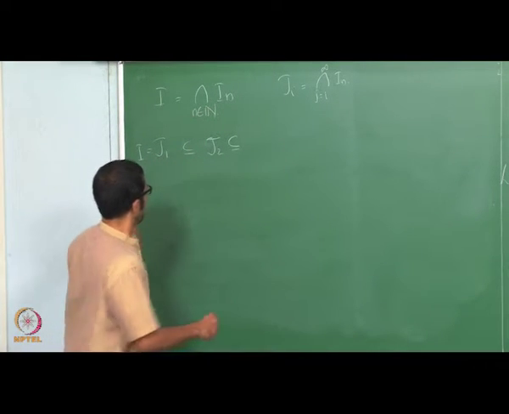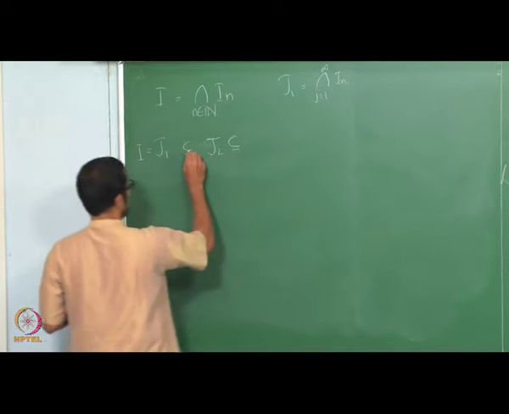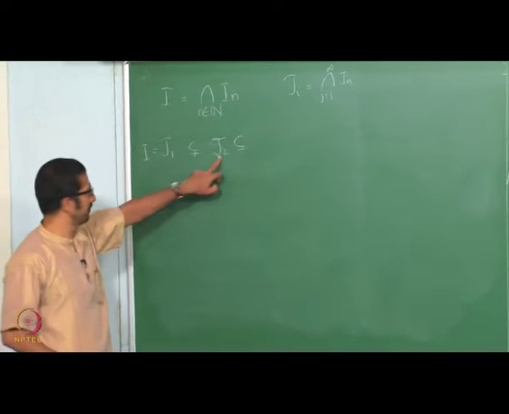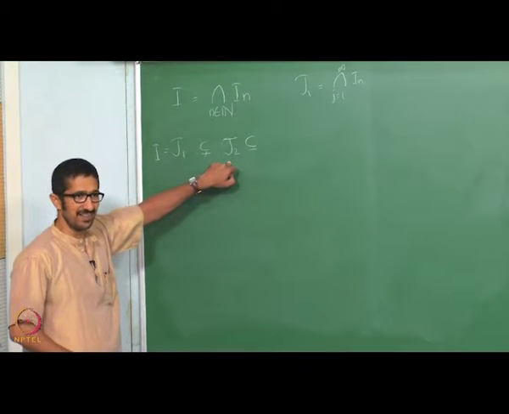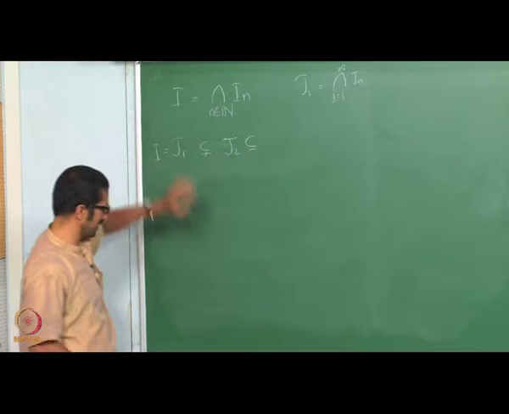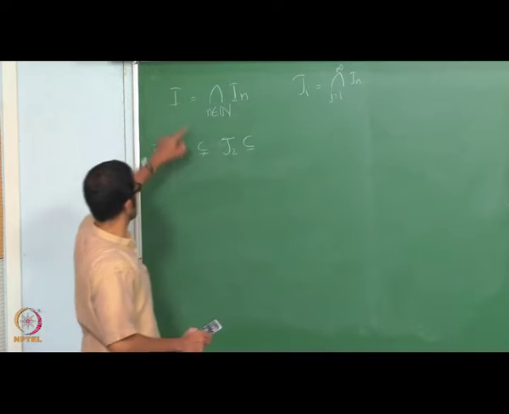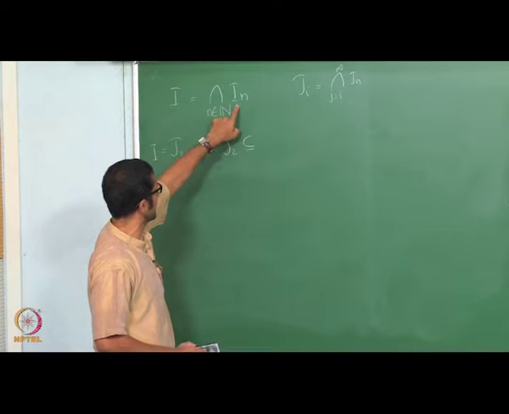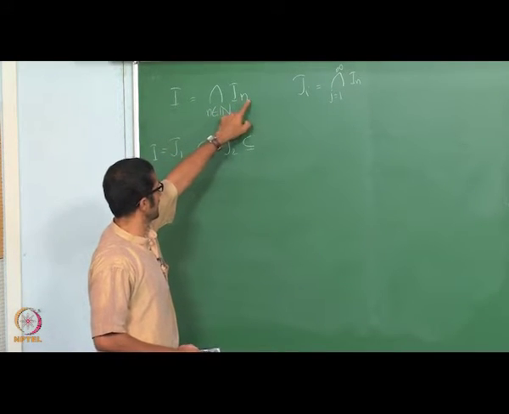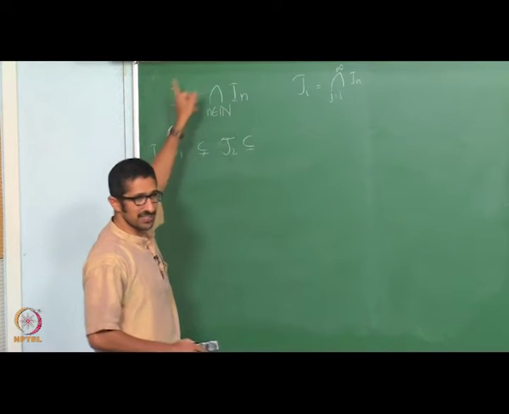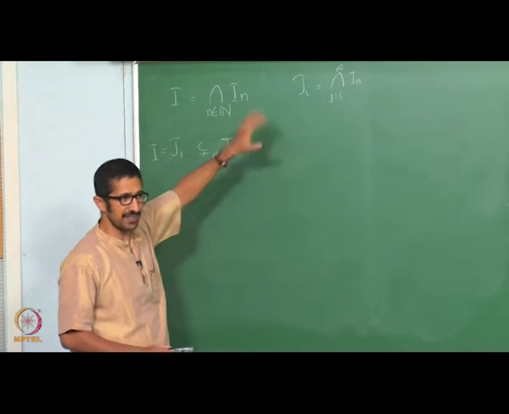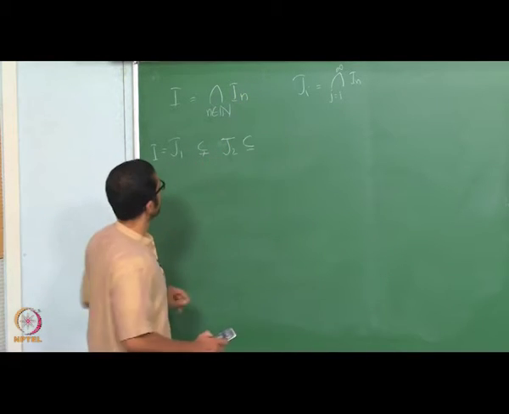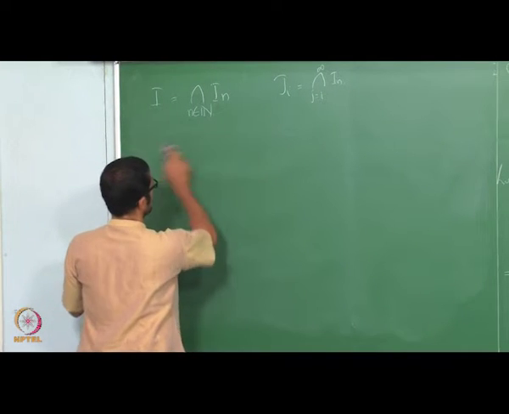Here, why is this properly contained in J2? We can assume that. We have to assume that I is of this form such that I_j does not contain the intersection of the rest, because if I_j contains the intersection of the rest, then you can remove I_j, and keep doing this.